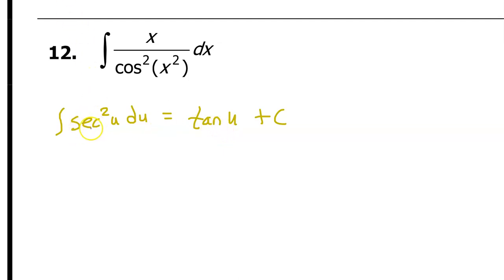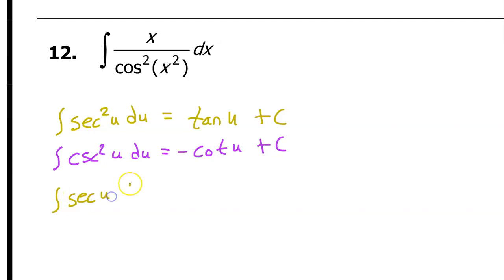And right along with that, we can talk about cosecant squared. So the integral of cosecant squared u du will equal negative cotangent u plus c. But we also know the integral of secant u tangent u du.